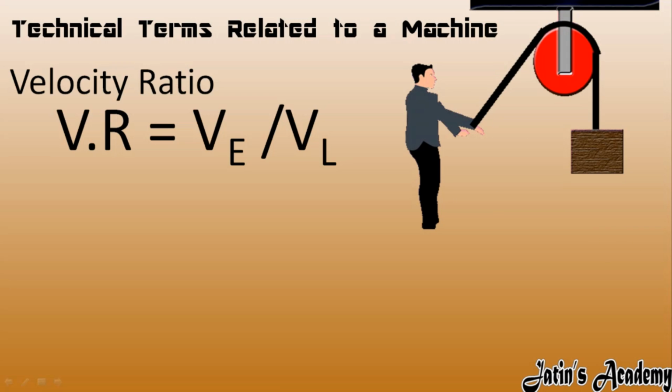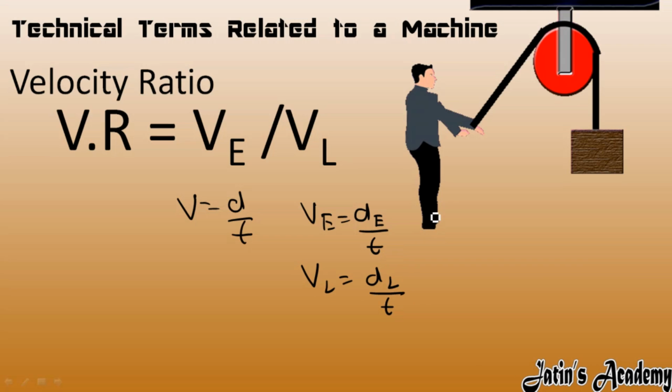Now let's see one more formula of velocity ratio. Here we know that velocity is equal to displacement upon time. So velocity of effort is displacement of effort over time, and velocity of load is displacement of load over time. Time is the same, because the time in which the effort is moving is the same time in which the load is moving.